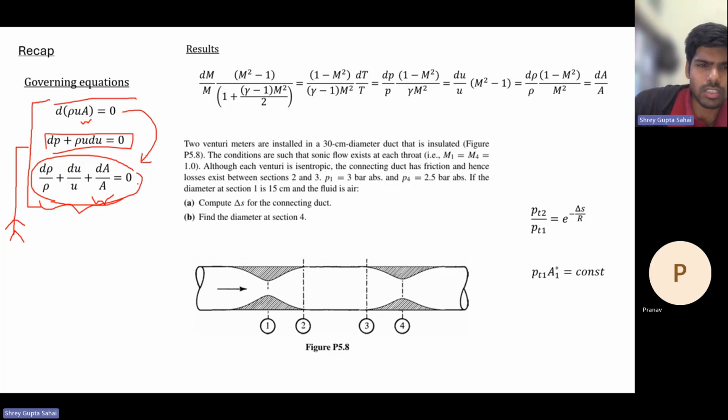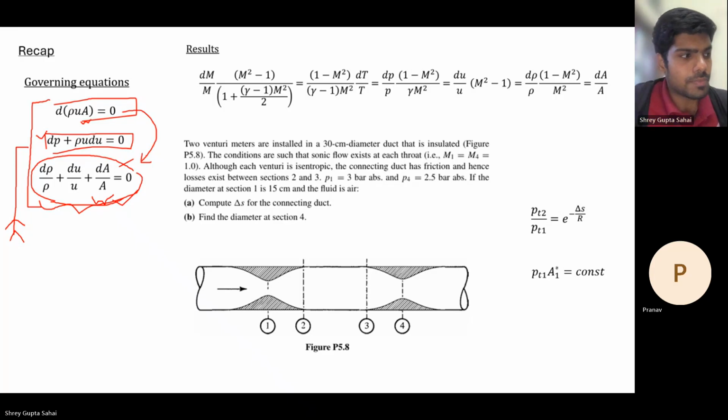So this is just a restatement of the mass conservation equation, while this is the momentum equation. Energy equation still remains the same, dT plus d of u squared by 2 equals 0. So that stays the same.